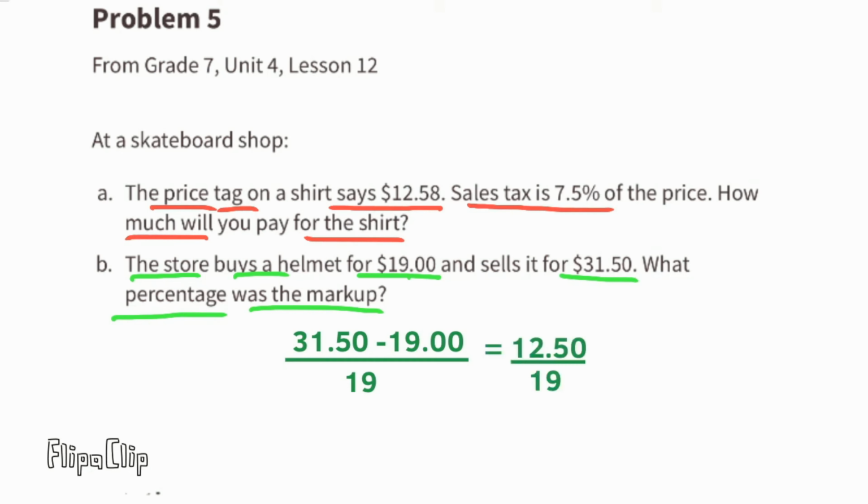The markup was $12.50. Divide that by 19, and you get 0.657. As a percent, that would be 65.7%, which is approximately 66%. So we can say that the markup for the helmet was approximately 66%.